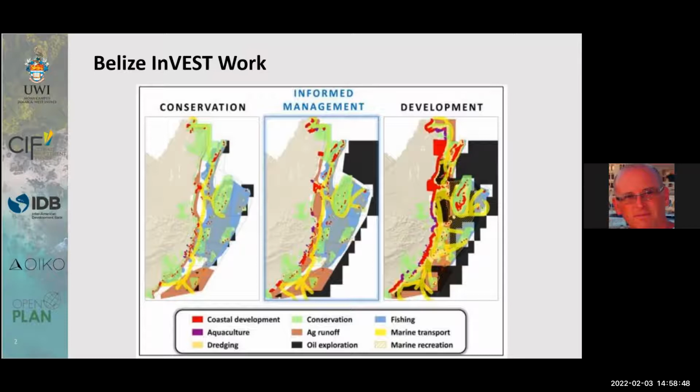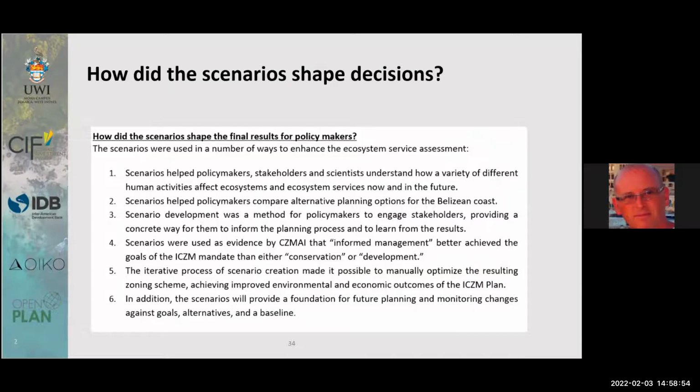So the 2016 ICZM plan for Belize was very useful to help craft the story, help position the information, and to articulate to decision makers what the preferred approach would be. So INVEST from the Belize perspective was useful in a number of ways. And you can see on the screen, there were about 6 benefits of this.